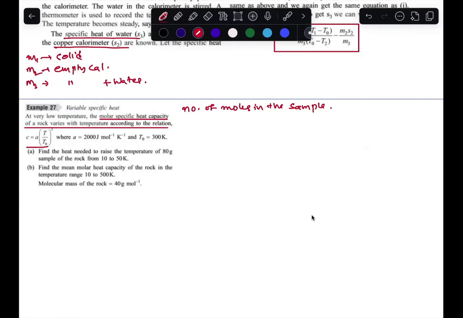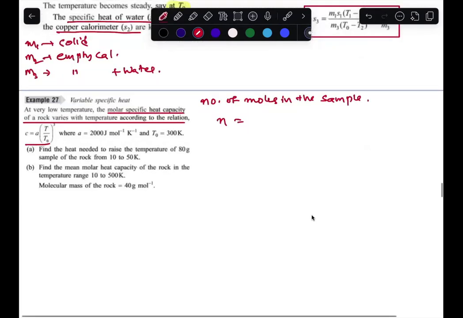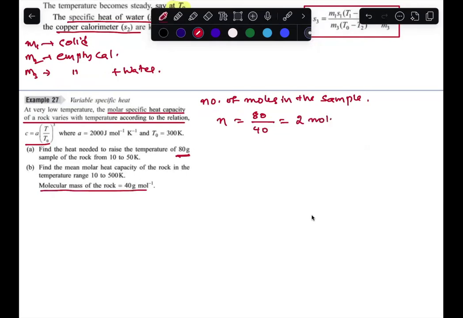So the number of moles: you have 80 grams of the rock, and the molecular mass of the rock is given as 40. So you have 2 moles of quantity.